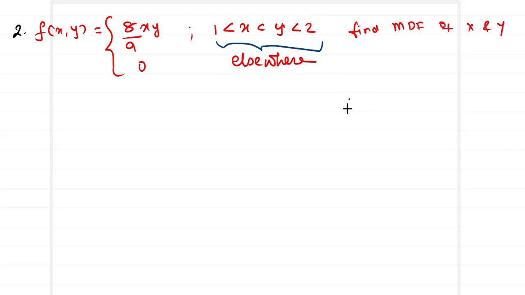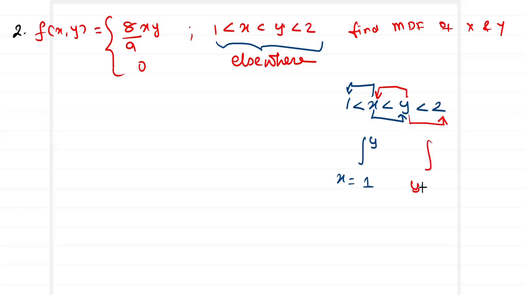Now we need to keep in mind what limits will be taken by each variable. x has the lower limit of 1 and the upper limit of y, so x will vary between 1 to y. Y has the lower limit of x and the upper limit of 2, so y will vary between x to 2.